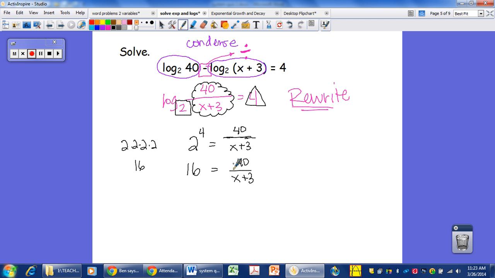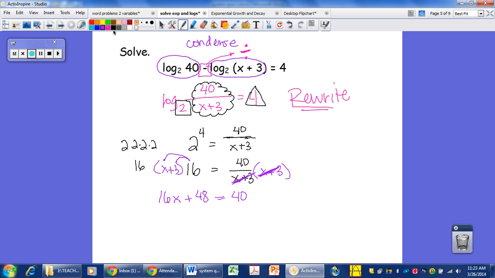So now I have to solve this rational equation. The way that we do this is by multiplying both sides by the denominator. X plus 3 over here, x plus 3 over there. So this x plus 3 cancels out, or divides out to be a 1. And over here we can distribute. So 16x plus 48 equals 40.